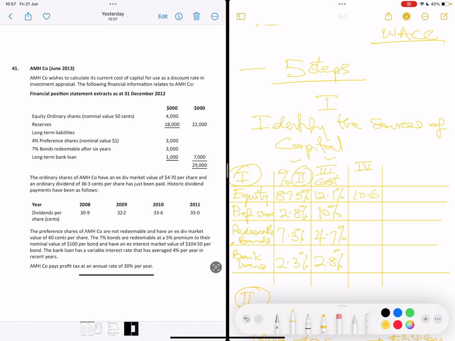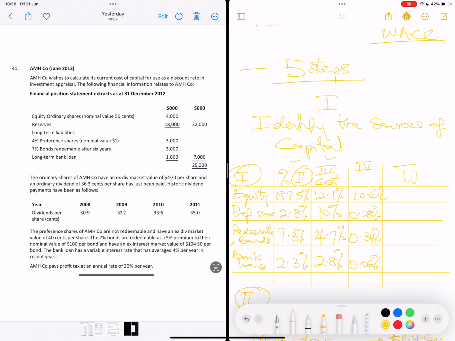Then you have 10%, which is 0.1 multiplied by 2.8, you have 0.28%. Then 4.7 multiplied by 7.3% is 0.34%, and likewise 2.8% times 0.3 gives us 0.06%.